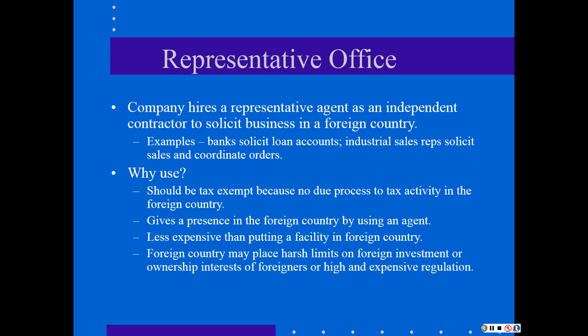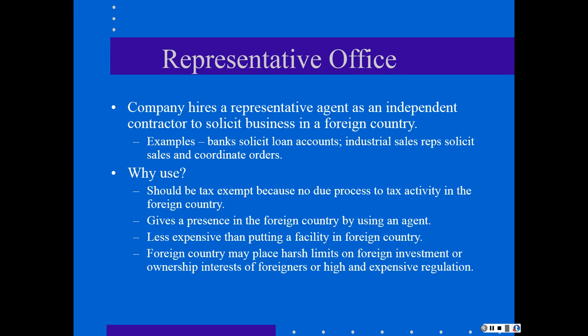They may even administer warranties as well. Now, this is very common with the foreign vendors, and manufacturers have these in the U.S. as well. So why would we use this representative office, these agents?